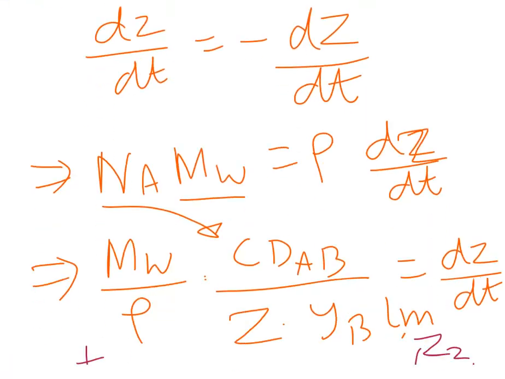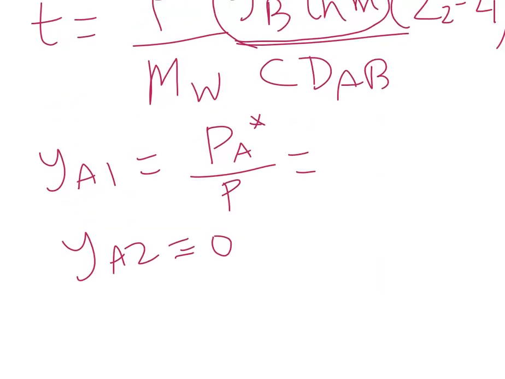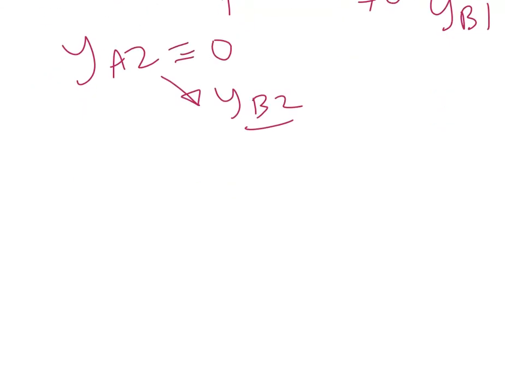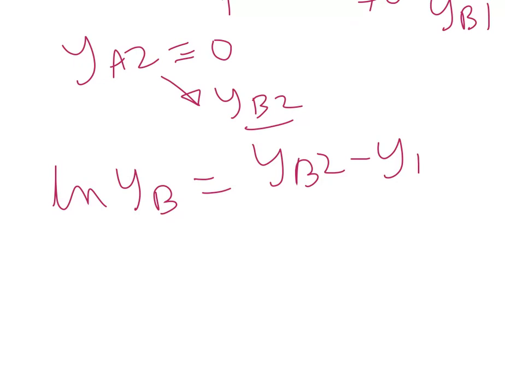So YA will be 233 divided by 760. So you know YA1, YA2, you can get YB. From here you can get YB1, right? YB1 is 1 minus YA1, same for YB2. And then you can get log mean YB, which is nothing but YB2 minus YB1 divided by ln.